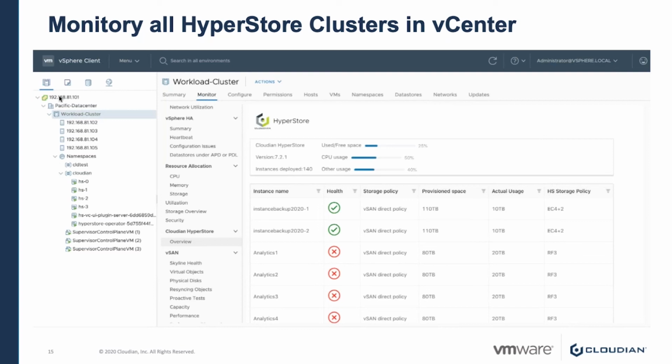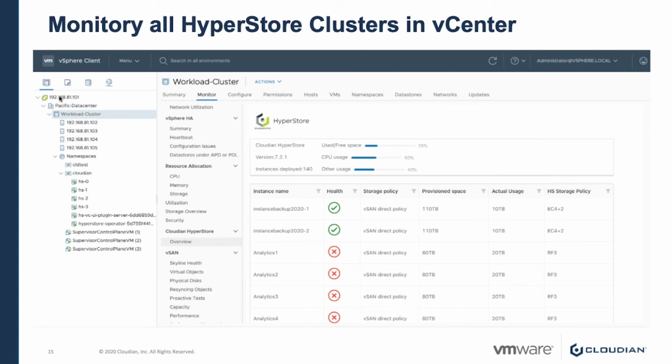So you can monitor the health, compliance, and capacity of Cloudian on vSAN and vSAN Direct without customers needing to switch screens. Cloudian has their UI right in the vCenter, so you can monitor Cloudian and manage Cloudian. In fact, a few customers have mentioned that this has shaved a lot of their troubleshooting, monitoring, and management time, and is really key for their success.